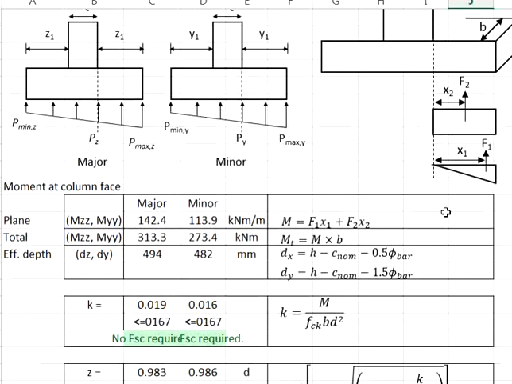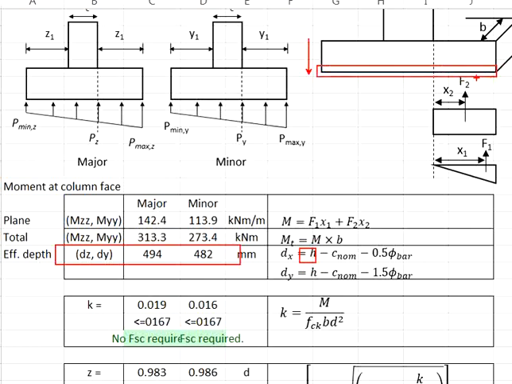The effective depth is determined from the top surface of the pad footing to the centroid of the reinforcement. To determine the effective depth, you need to use the thickness of the pad footing minus the concrete cover minus half size of the main reinforcement. You get the effective depth in the major axis.